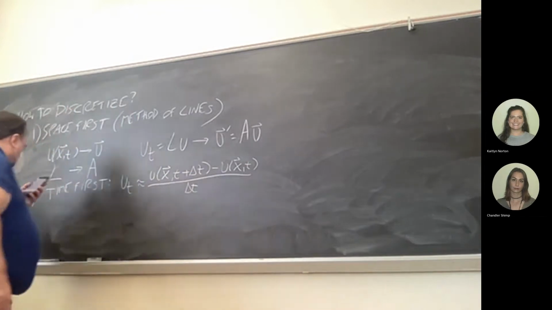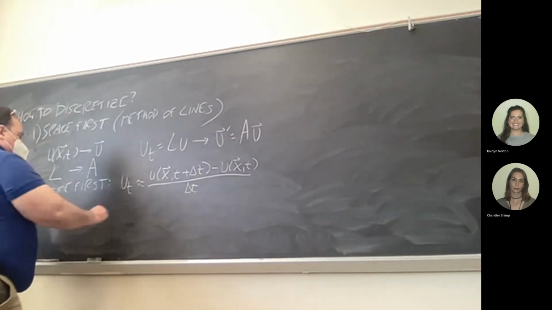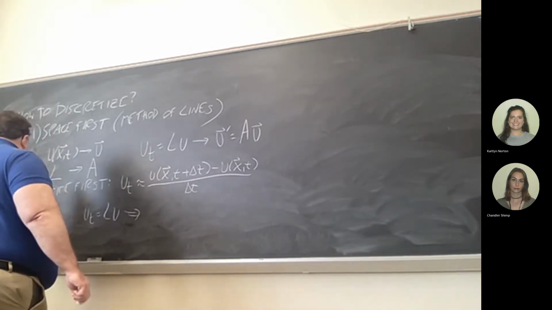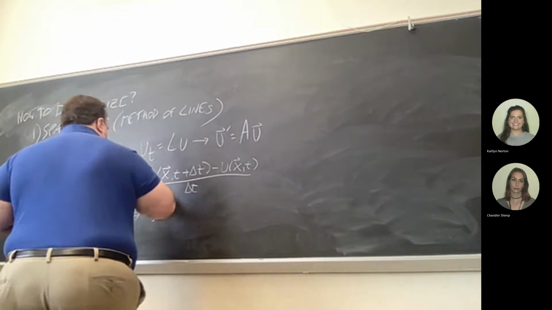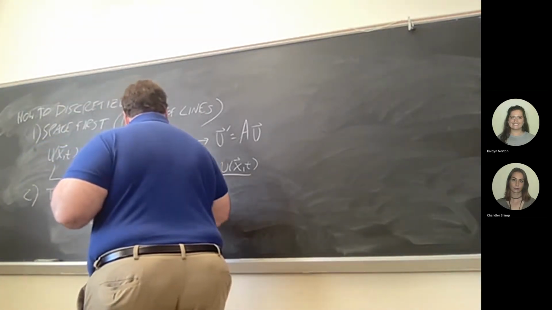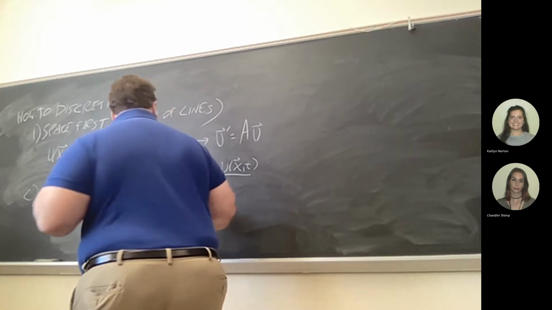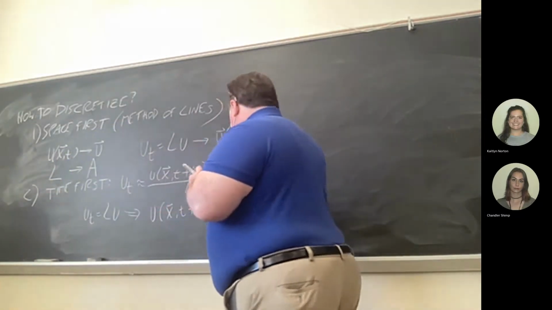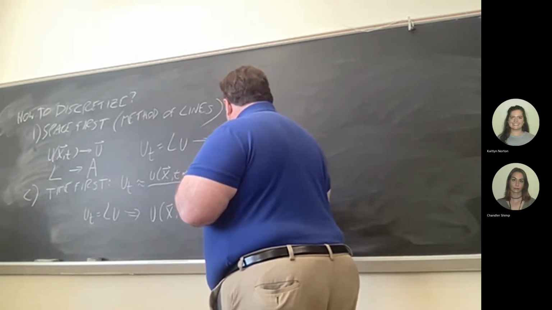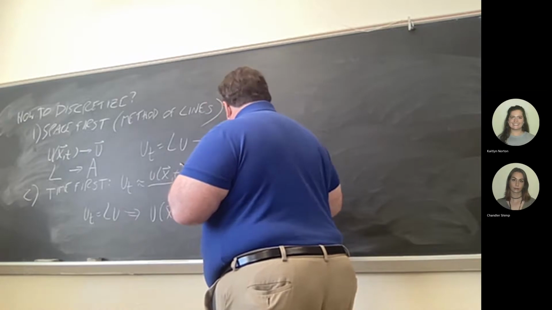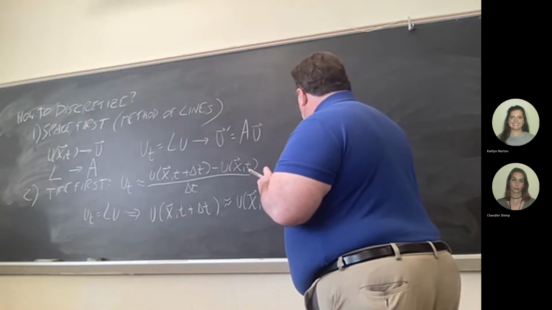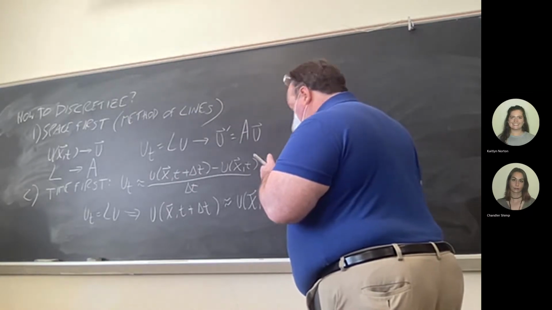Then your PDE ut equals LU becomes this: your solution at the new time is approximately equal to the solution at the previous time plus delta T L u of x, t.